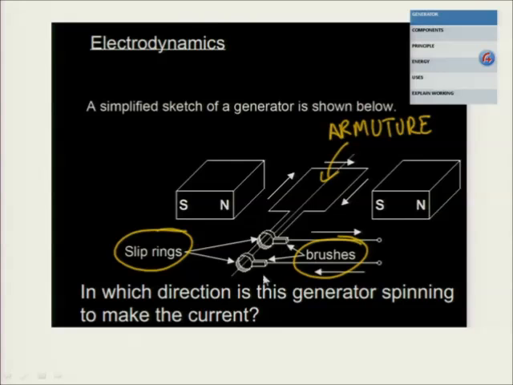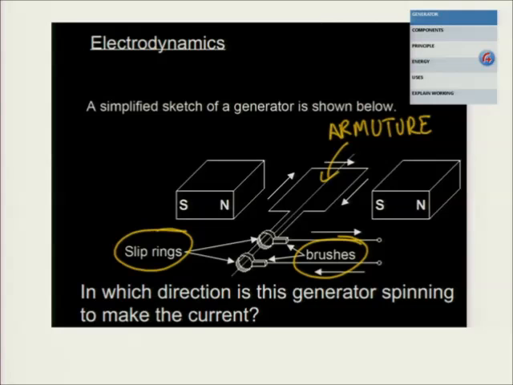There are my brushes, and in this case I've just shown an example. There's another possibility instead of split rings, and this is what we call slip rings. It's not split, it's a continuous ring, just like the ring that I've shown earlier, but there are 2 of them now. One side of my armature is touching the one, and the other side is touching the other one. And that actually completes my circuit.